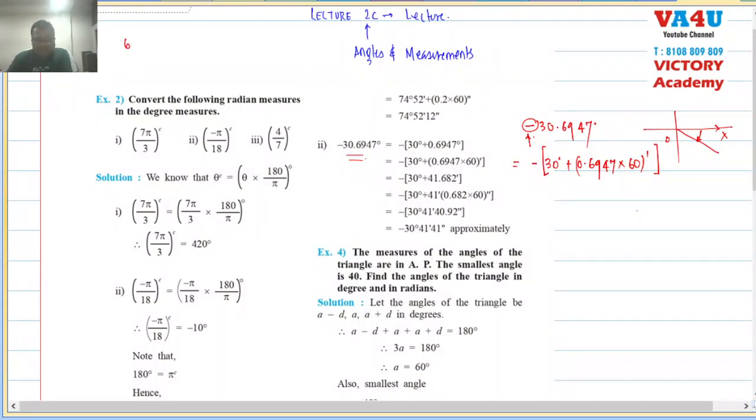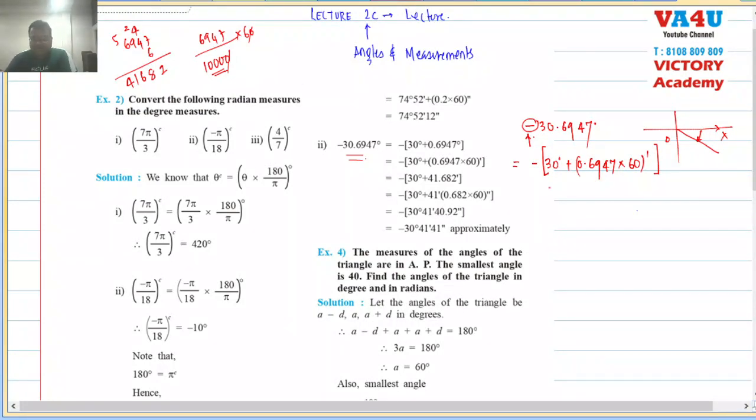So 6947 into 6, 7 6 are 42, 6 4 are 24, 28, 9 6 are 54, 56, 6 6 are 36, 41. Okay. So it is actually 6947 upon 10000 into 60. So whatever is the answer, that will be divided by 1000.